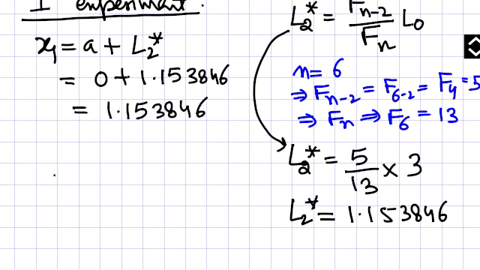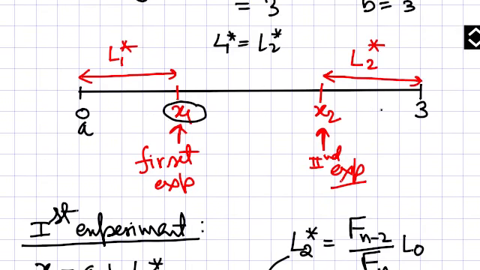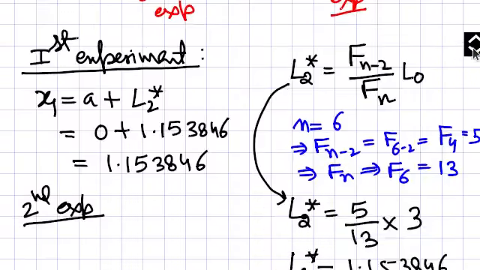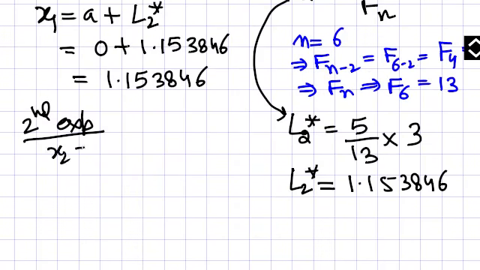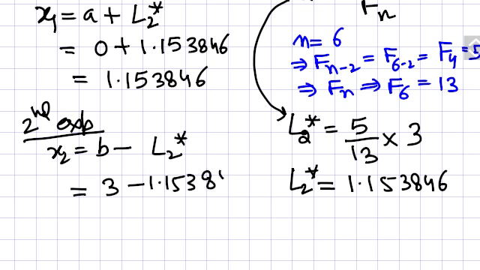So this is your first experiment, and the second experiment is x2. How to find x2? It is 3 minus L2, so x2 is equal to b minus L2. If you do all these things, 3 minus 1.153846, you will get 1.846154. So this is your x2 and it is your second experiment.